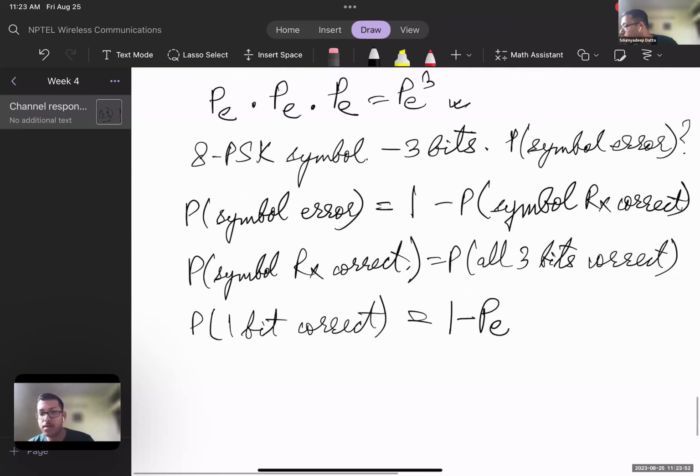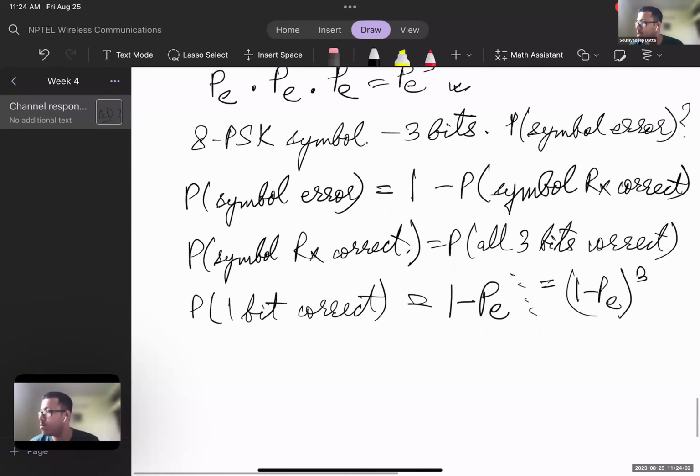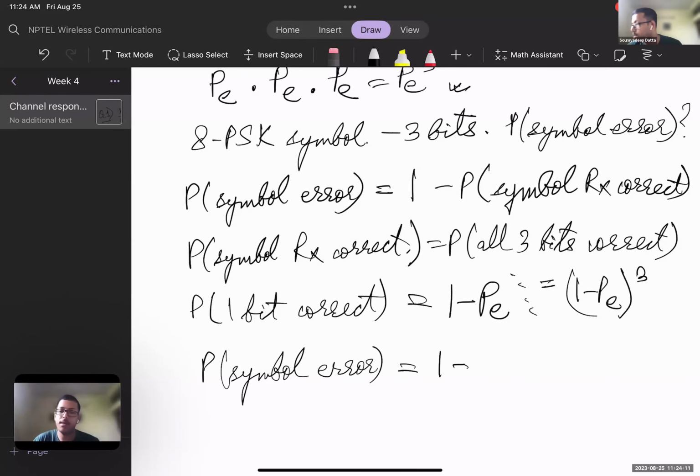And so if you need all 3 bits correct, this becomes (1 minus PE) whole cube. You need all of them to be correct. And so your probability of symbol error is 1 minus the probability that the symbol is received correctly. So it becomes something like 1 minus (1 minus PE) whole cube.